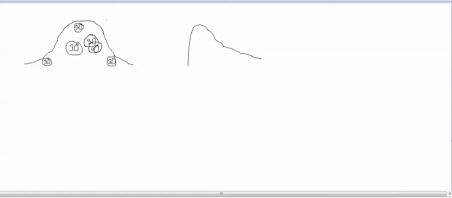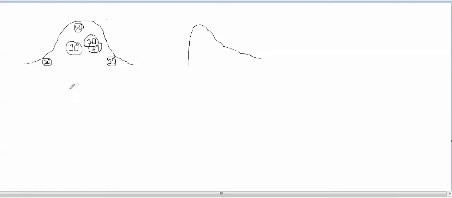So these four averages, meaning the average of this, the average of this, the average of this, and the average of this, those four averages will be more medium averages compared to the low average here and the high average up here.